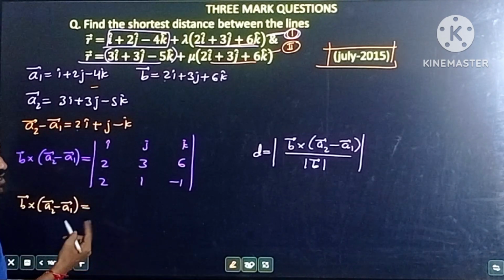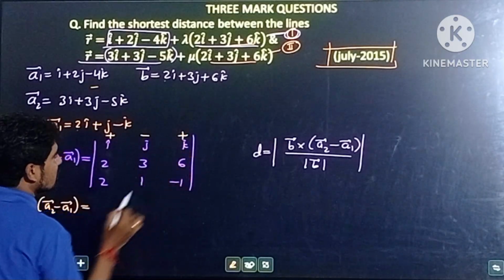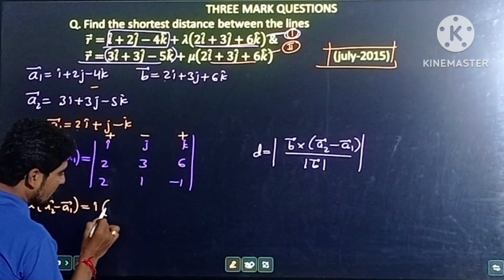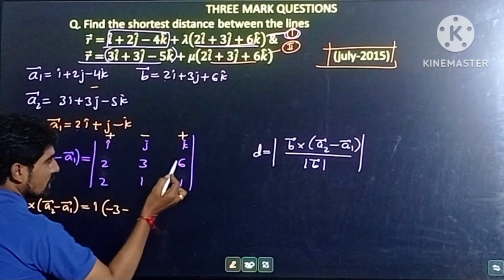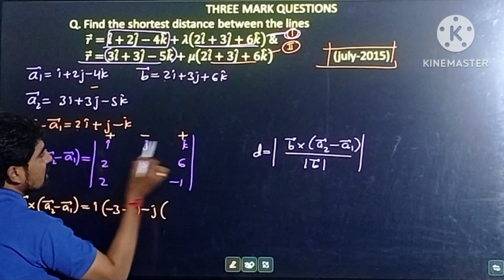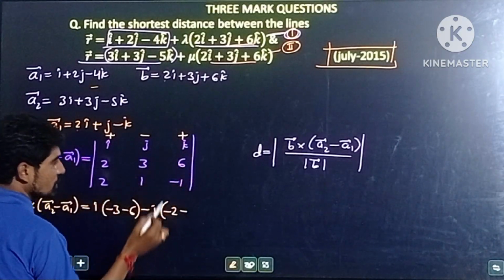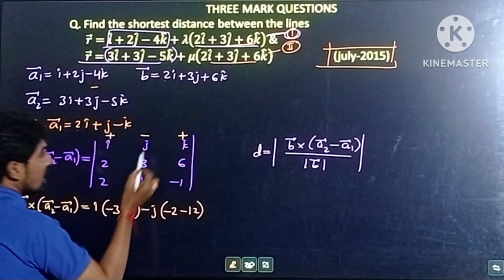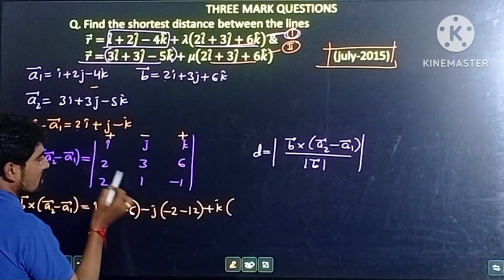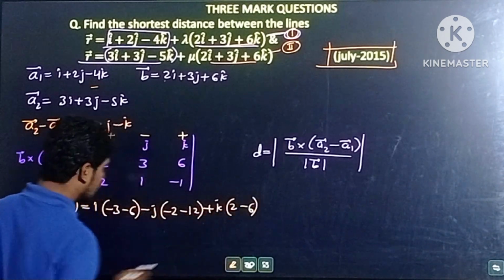So already you know the method of solving the determinant. Plus, minus, plus. So i into, deleting the first row and first column, 3 into minus 1 minus 3, minus 1 into 6 is 6. Then minus j into, deleting first row second column, 2 into minus 1 is minus 2, minus 2 into 6 is 12. And similarly plus k into, deleting first row third column, 2 into 1 is 2, minus 2 into 3 is 6.